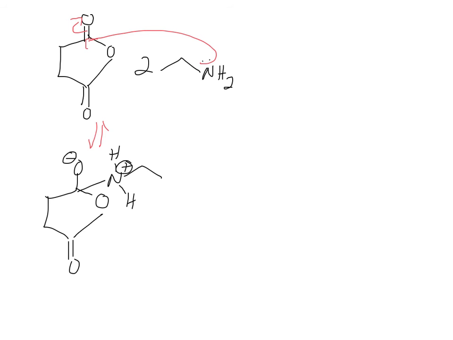So from this point, we need to do a proton transfer. And we know we want to break, we're always thinking about breaking this bond. This is our leaving group. We're going to break that bond right there.